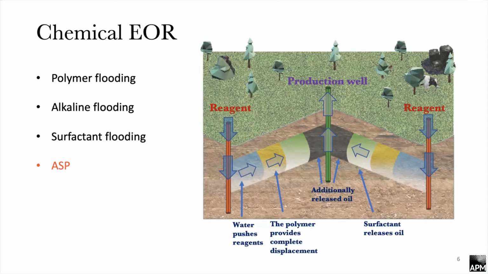This technology involves the sequential injection into the reservoir of surfactants and alkali, then polymers and water. And the general scheme, how it works, you can see on the right pictures. So we're not focusing on a particular method. We want to find which one we should use in the particular case and what kind of parameters it's better to use.